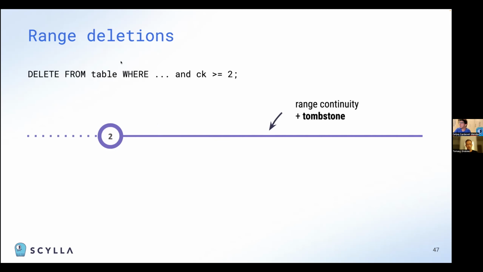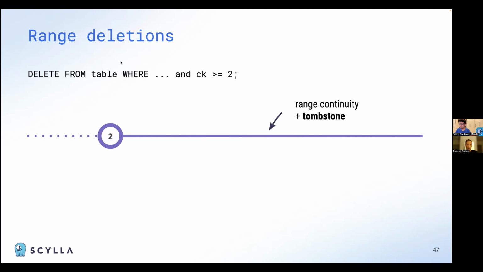And also deletions. Deletions have to be handled with special care because due to eventual consistency in Scylla, deleting a range of keys is not just about dropping rows. You have to also store the information about the deletion, which is called the tombstone. That's needed for reconciliation of read results between replicas.